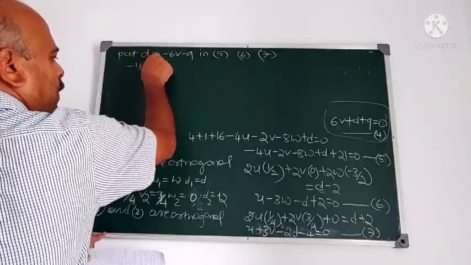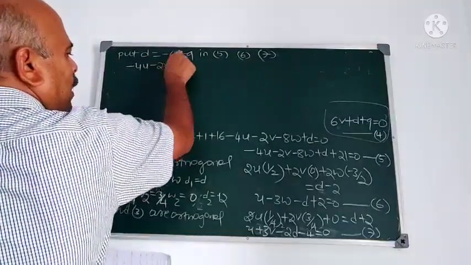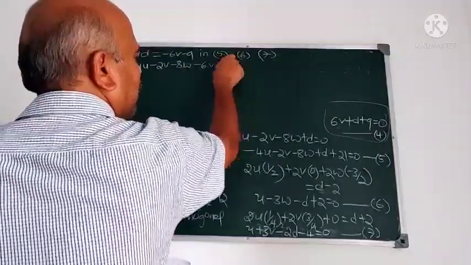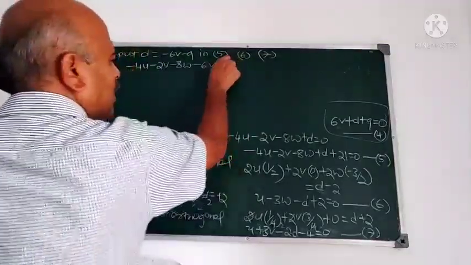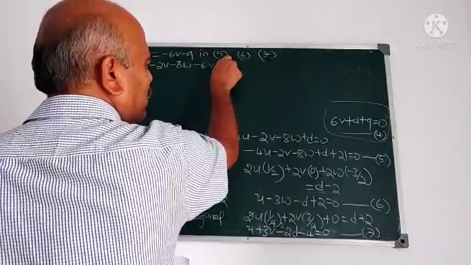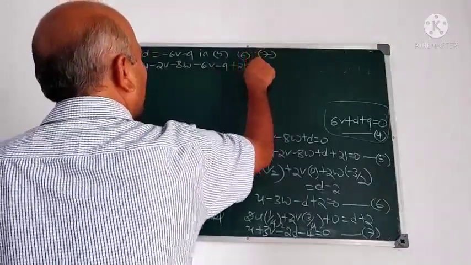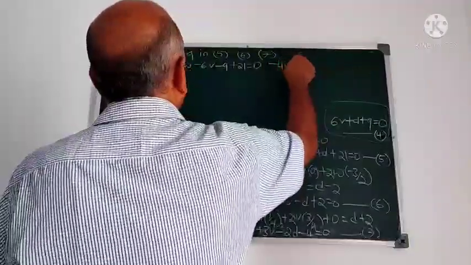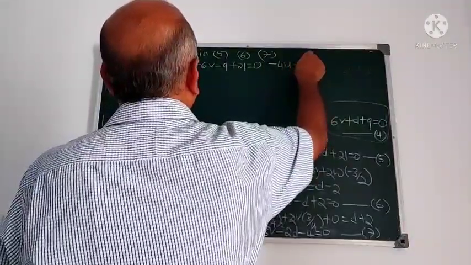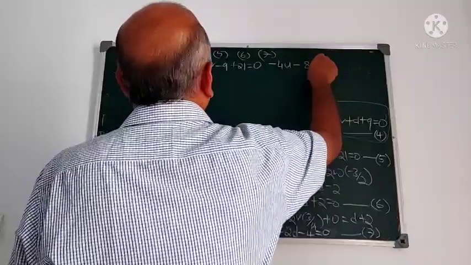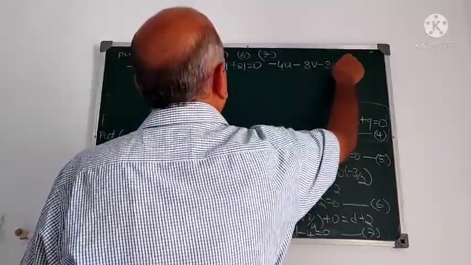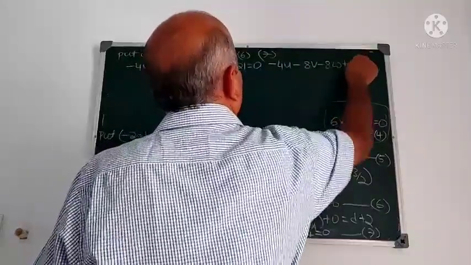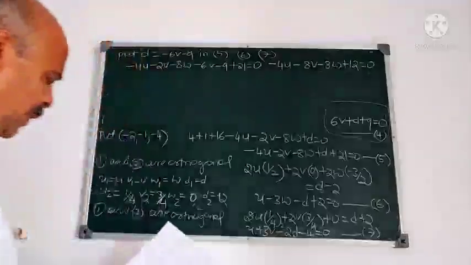Minus 4u minus 2v minus 8w minus 6v minus 9, because d is minus 6v minus 9, plus 21 is 0. Therefore, minus 4u minus 8v minus 8w plus 12 is equal to 0. Am I correct here?